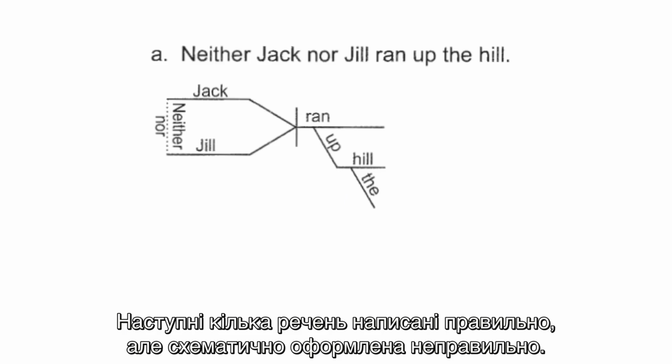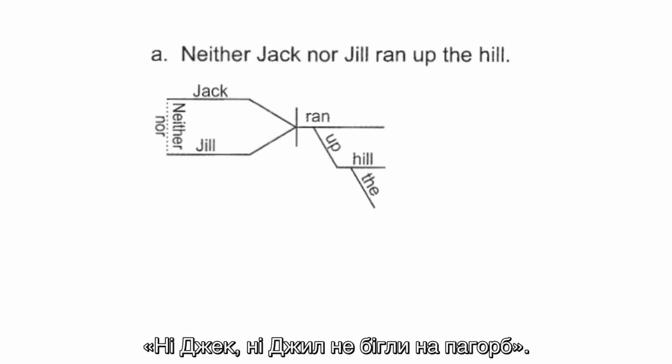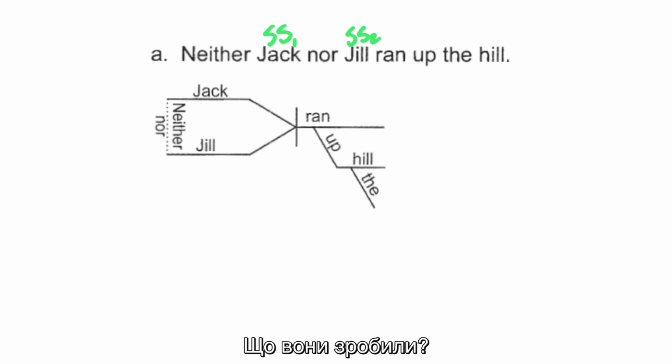The next few sentences are written correctly but diagrammed incorrectly. So let's take a look at this sentence. Neither Jack nor Jill ran up the hill. Who or what is this about? It's about Jack and it's about Jill. What did they do? They ran. Ran what? We don't know.